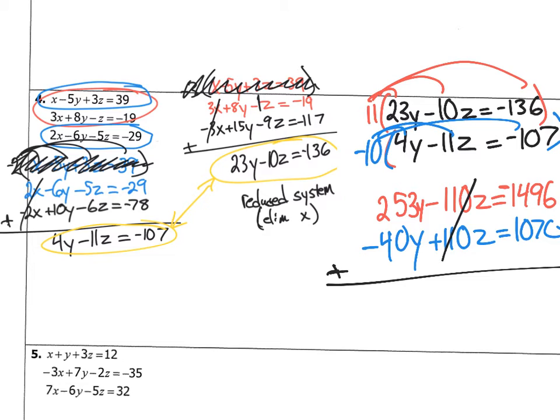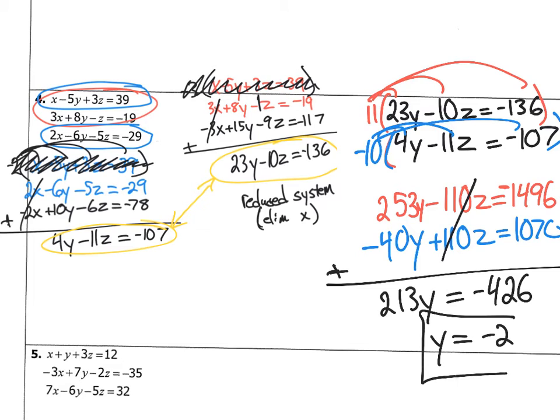So if I have 253 plus negative 40, that'll give me 213y equals 1496. That would give me a negative 426. And now I'm just hoping that it's going to work out, and it will, because it'll give me a negative 2 for my y. So most of my work's done now.